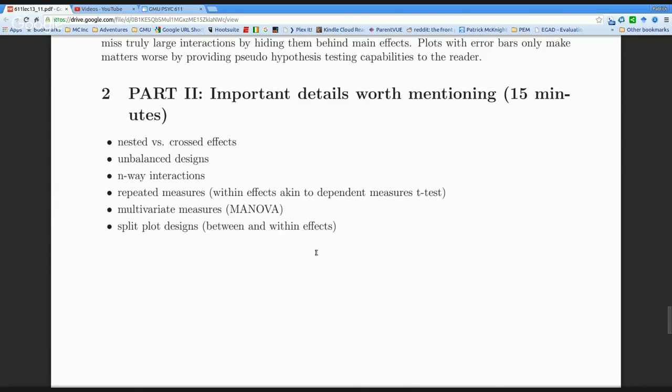And then finally, what I'm talking about is this idea of split plot designs, where you have both within subject or repeated measures design, as well as between subjects. So you have two groups that are getting repeated measures. Split plot designs are unique in many ways, not to social and behavioral sciences, but unique in the annals of history for statistics, where Sir Ronald Fisher designed studies for farmers.